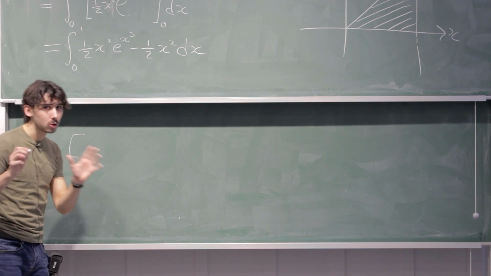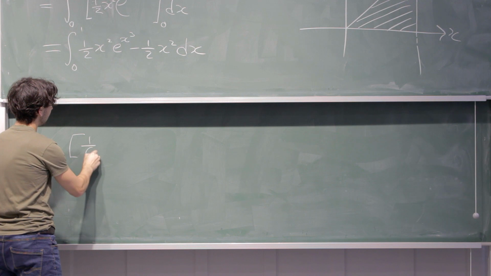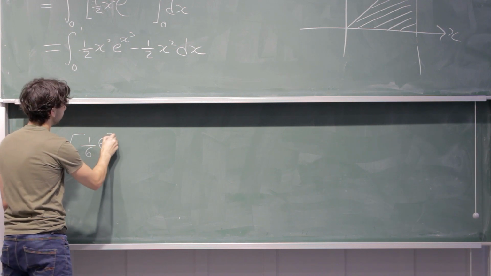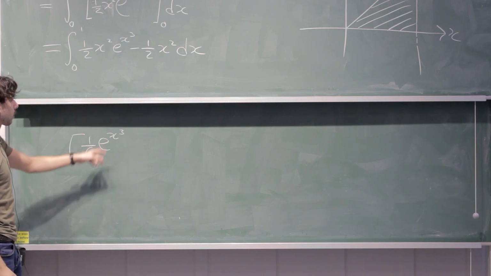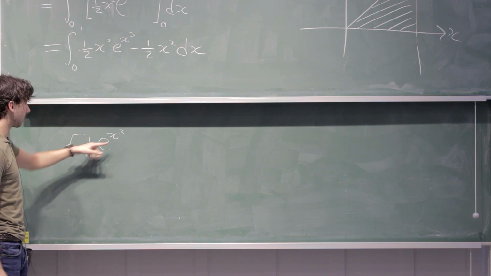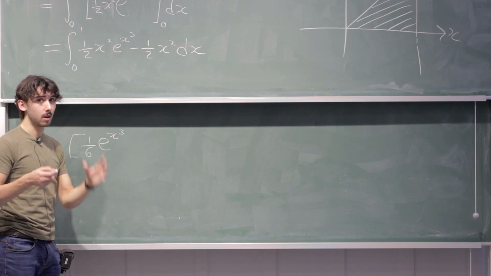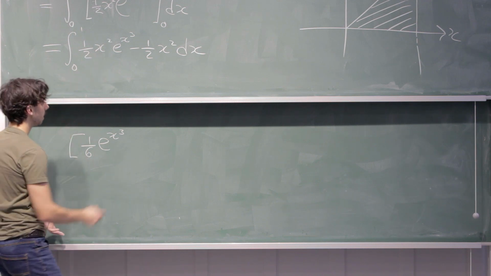This is the one that's a bit trippy to think about, but this is going to be a sixth times e to the x cubed. And if you differentiate this with respect to x, 3x squared is going to come down, and the 3 and the 6 will become a half, and the x squared is there, so it's this.